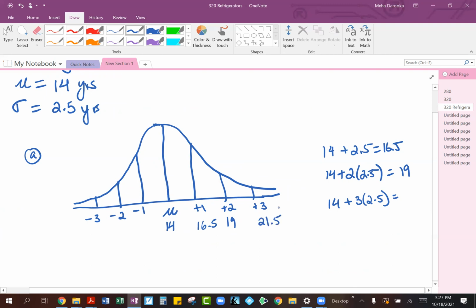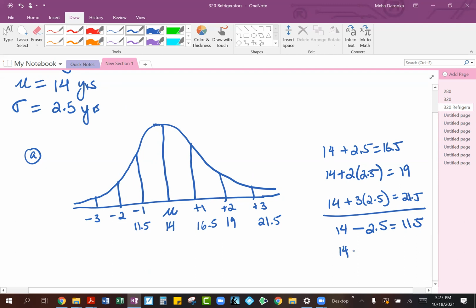And in that same way, you will start doing below the mean. So for below the mean, you will take 14 and this time subtract 2.5 from it. So what will that give us? 11.5. Very good. 11.5 for one below the mean.